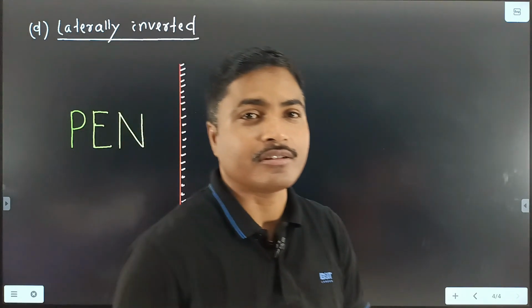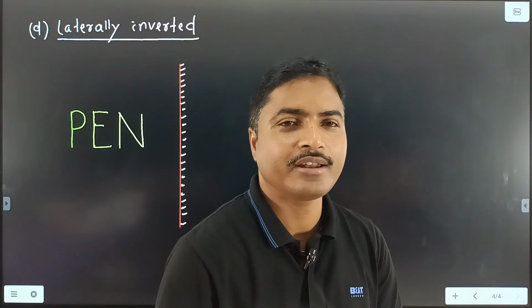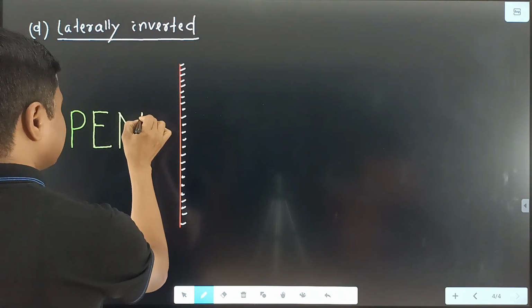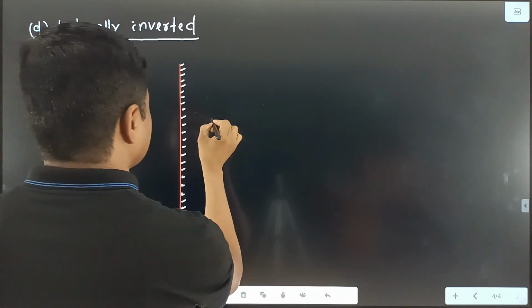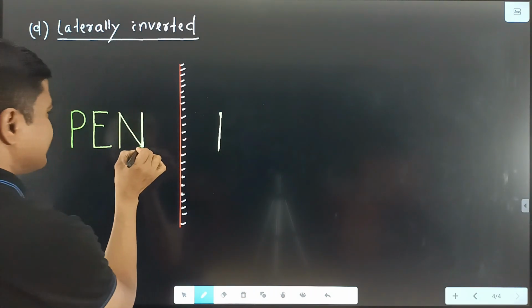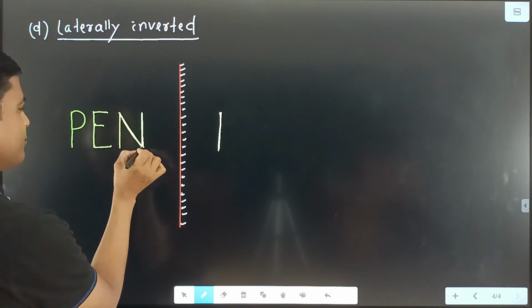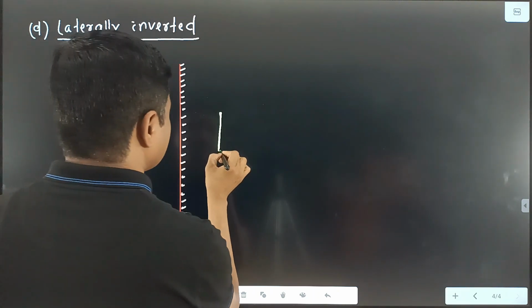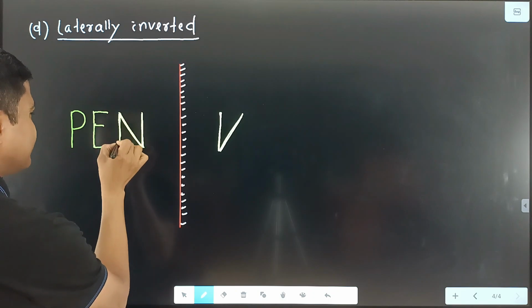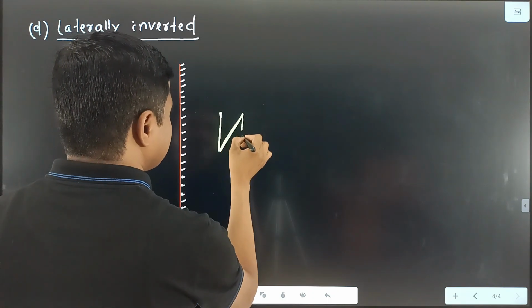Then after reflection through the plane mirror, what happened? Here this line after reflection looks just like this. Clear? And this line of N after reflection looks just like this, and this line of the N looks like this.